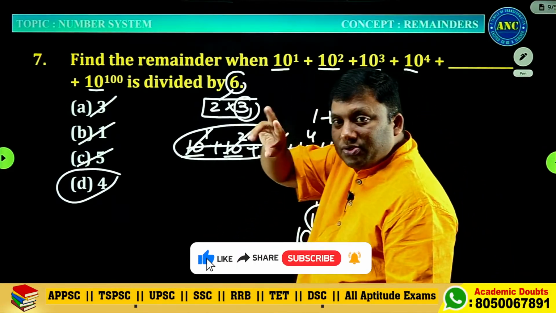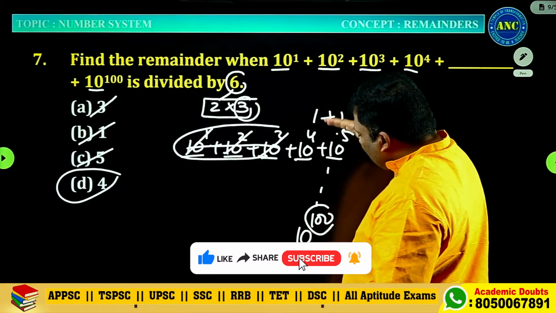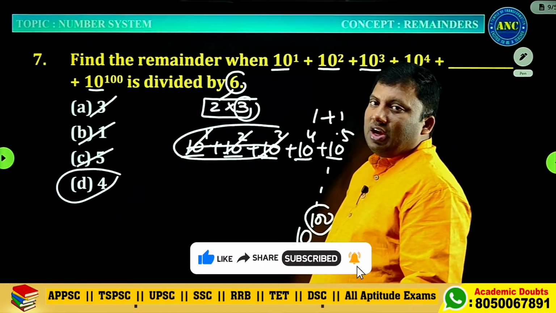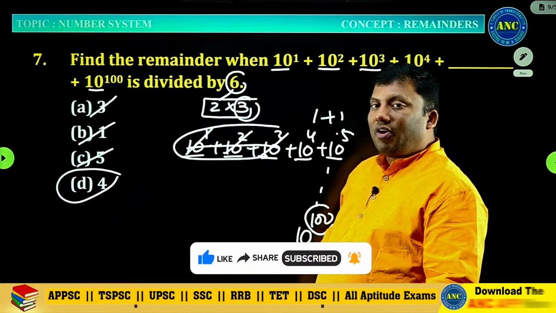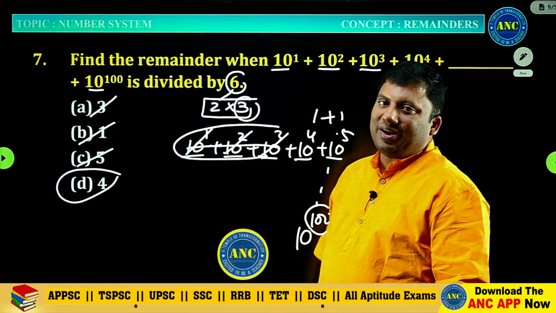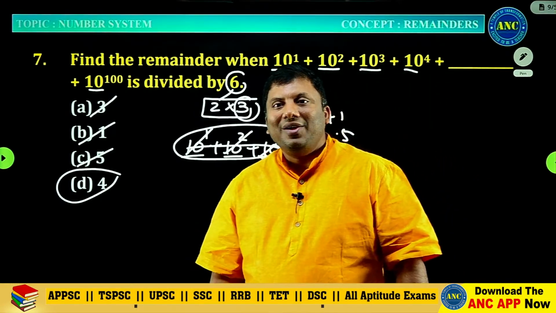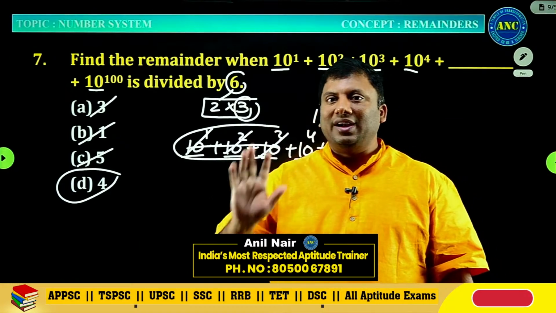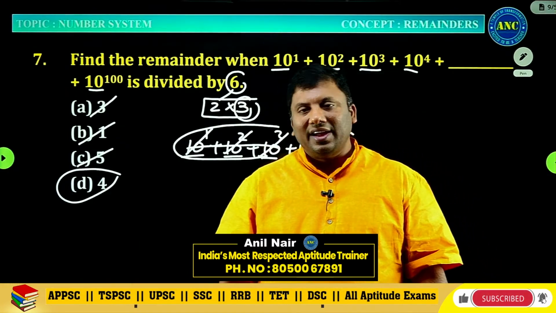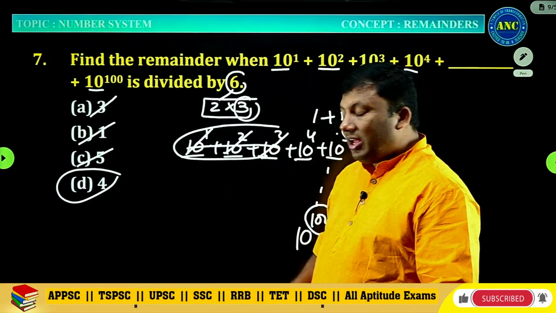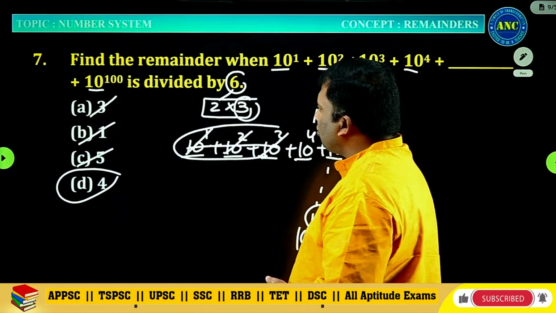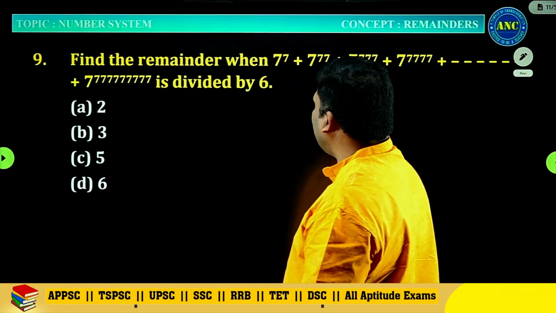Every 5 groups I got remainder 2. Like that 20 groups are there. 2 20s are 40. 40 divided by 3, remainder 1. Understood the idea? I hope the idea is clear. This is what you should do during your examination time, sir.